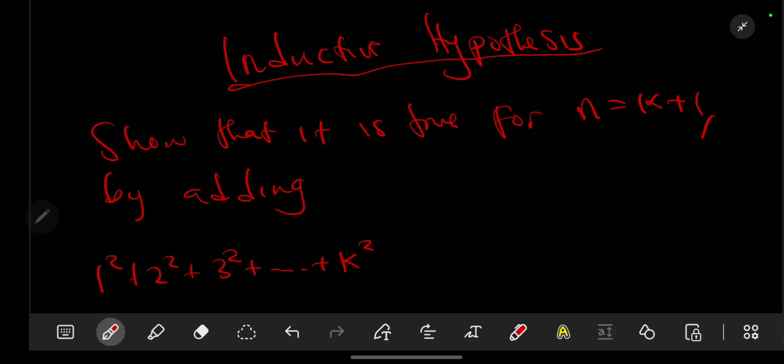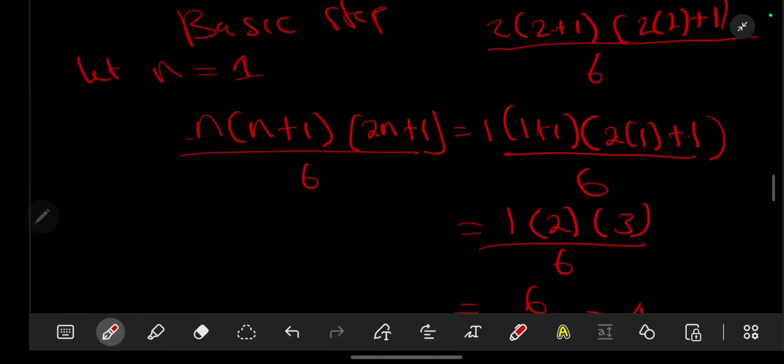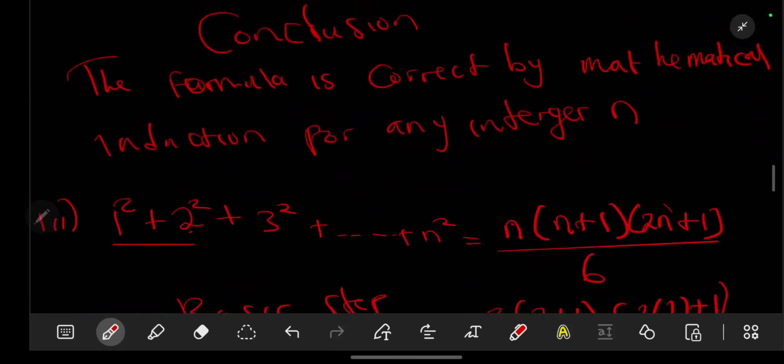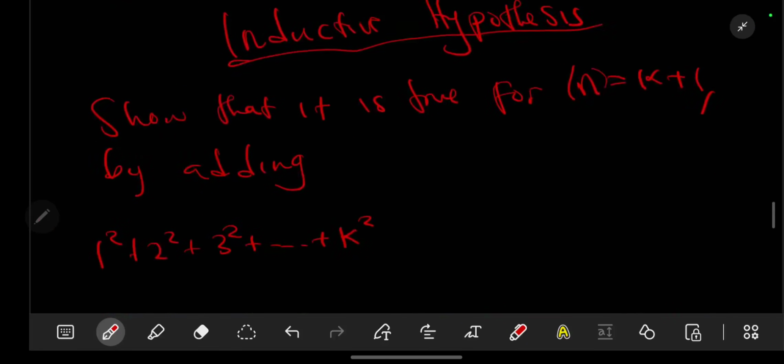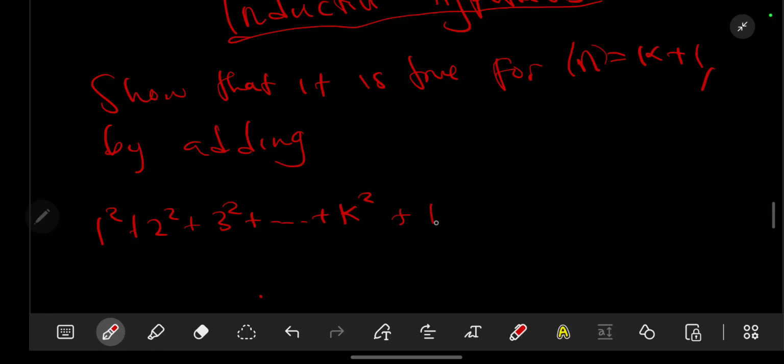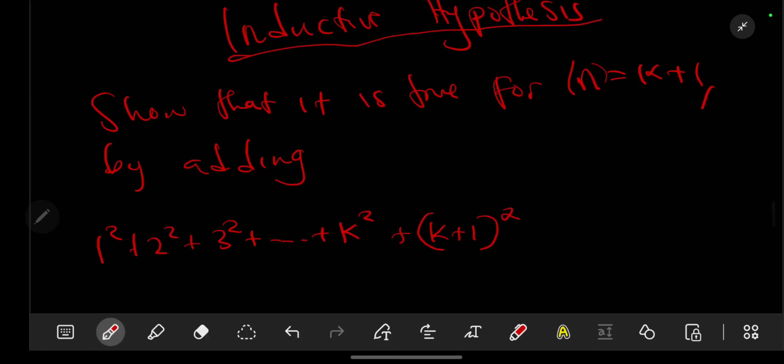Then adding the next term means where there is n in the original equation, where it says k, you are going to put your k plus 1. So it will be plus your k plus 1, but there is a squared outside for where n is. So you are going to add this result to both sides.